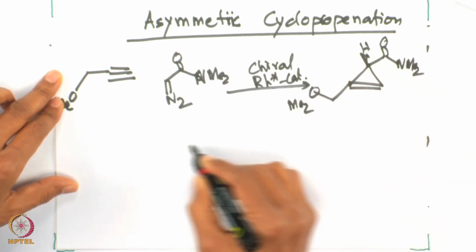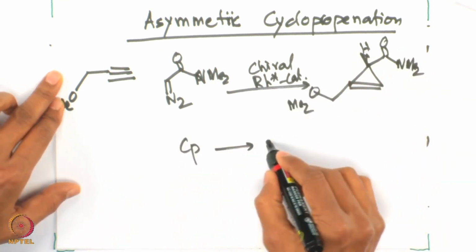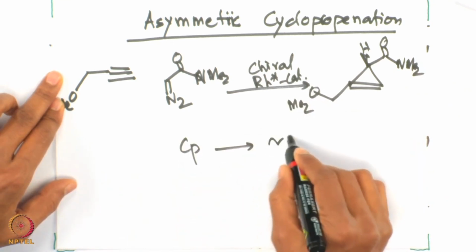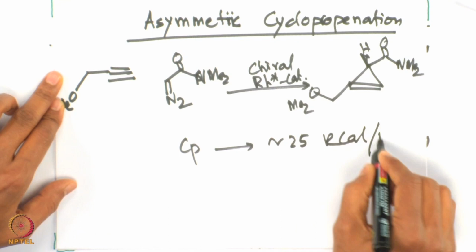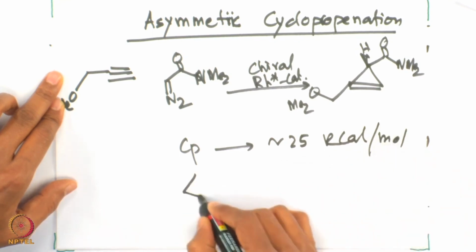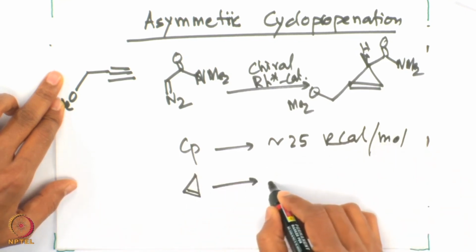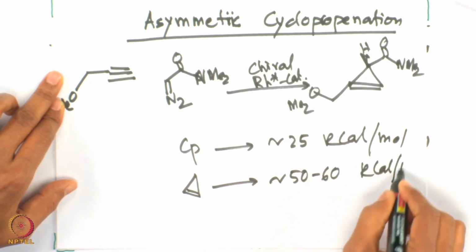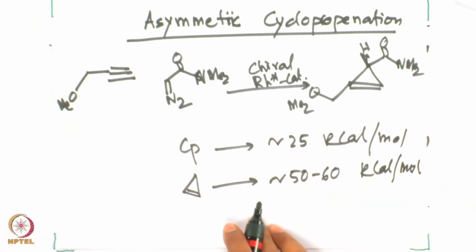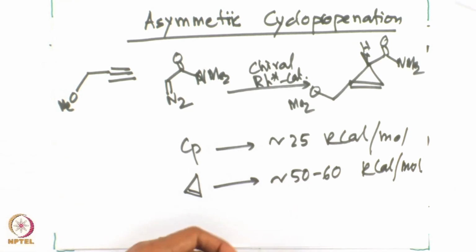As you know, cyclopropane ring strain is nearly 25 or 28 kcal per mole, and cyclopropene is nearly 50 to 60 kcal per mole. So, cyclopropene is a very strained molecule compared to cyclopropane.